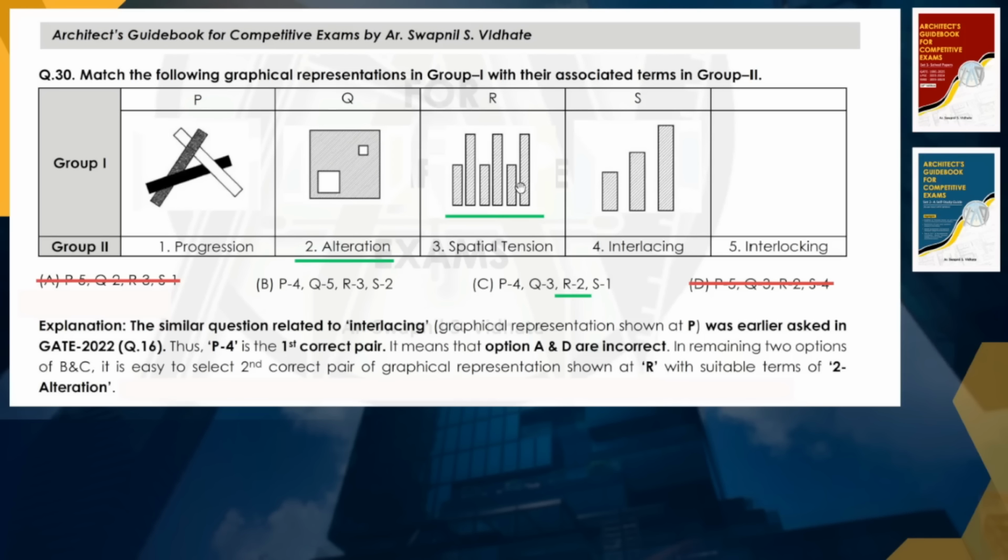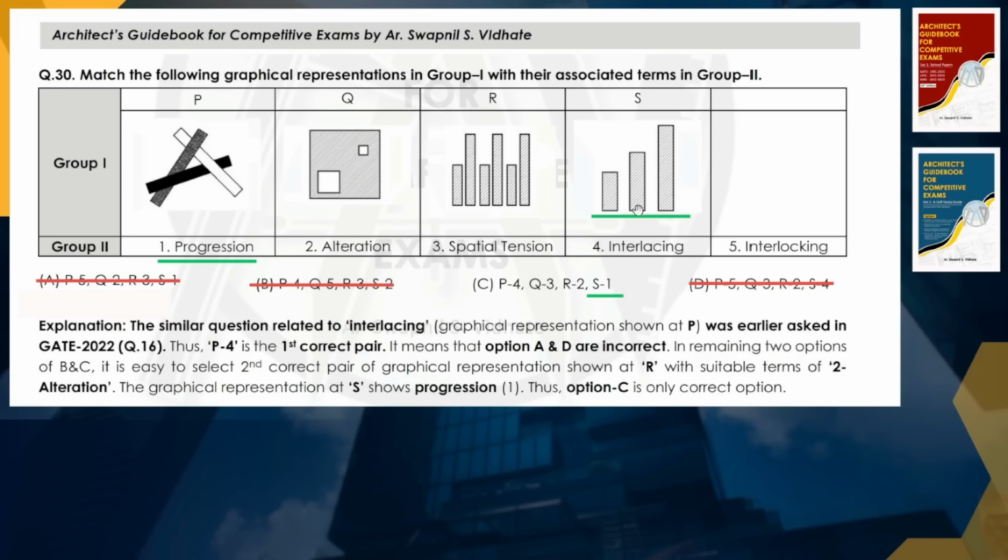So alternatively they have placed these rectangles. So this representation at R correctly shows the alteration. So R2 is the correct pair for this. It is not mentioned in option B. It says R3. So this is not the special tension, right? So R3 is the incorrect one.